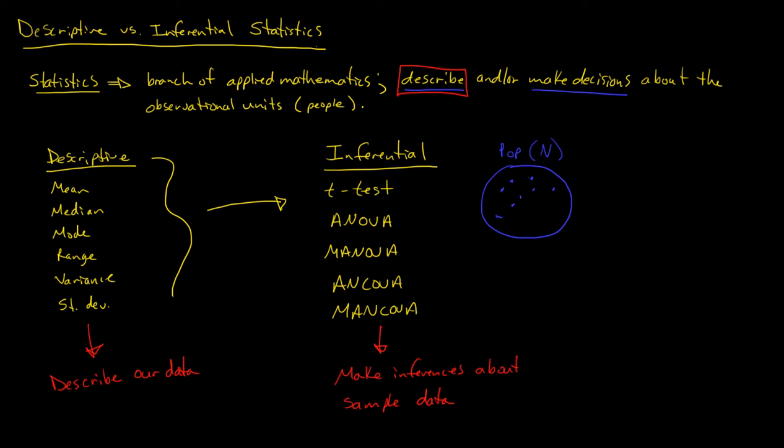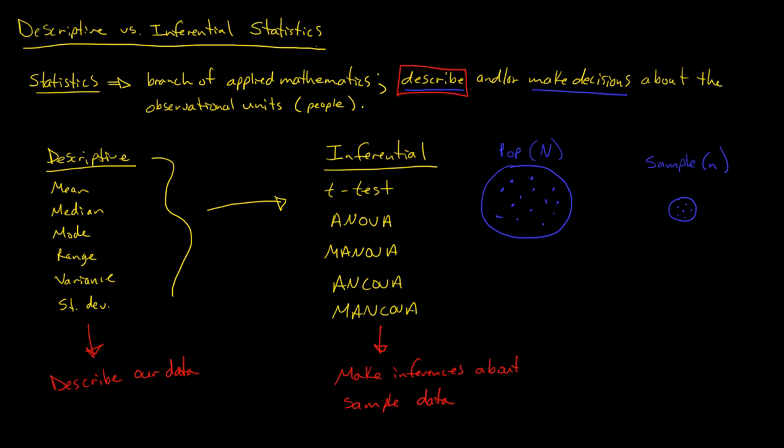Think of it as a pot of beans. Because you can't test all of these human subjects in the population, you're going to take a smaller sample. This sample will be a lowercase n, a smaller pot of beans, a subpopulation of this larger population of beans.